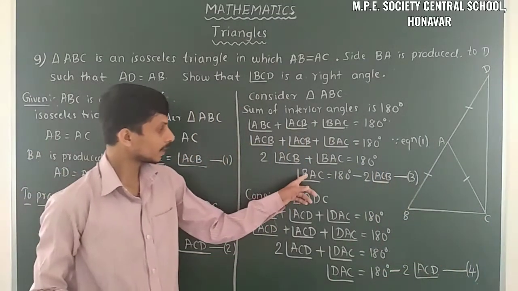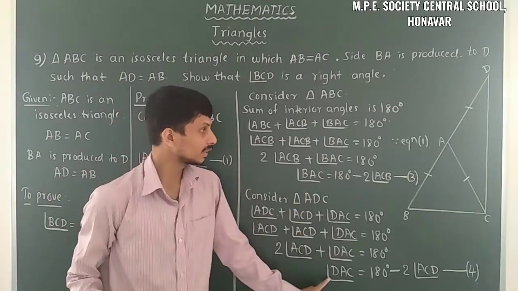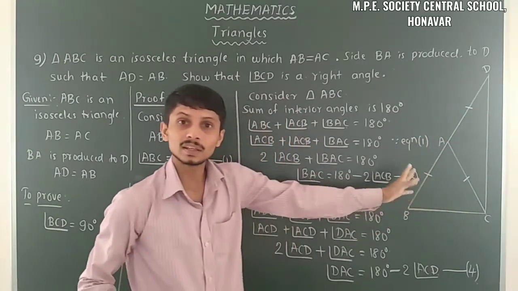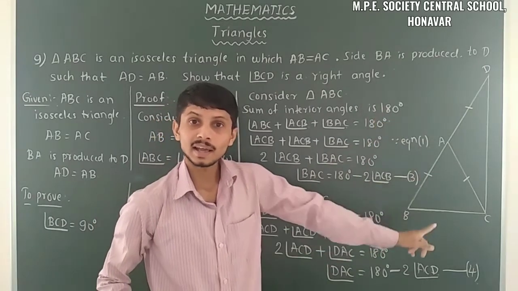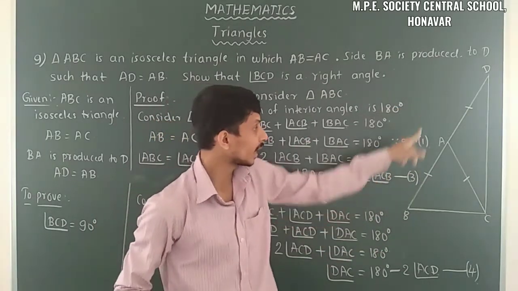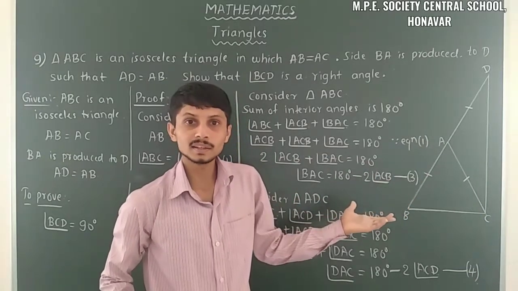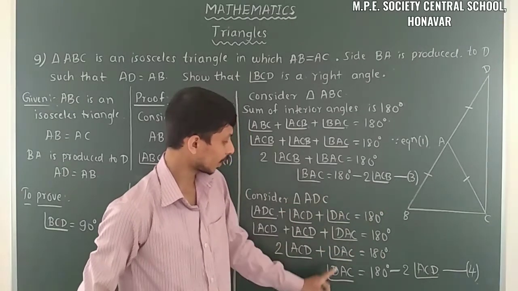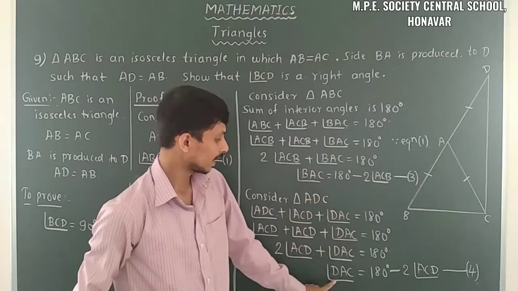Here just observe angle BAC plus angle DAC. We learnt in lines and angles that if a line or a ray stands on a line, the sum of adjacent angles formed is 180 degrees. So for that we have to add angle BAC plus angle DAC.